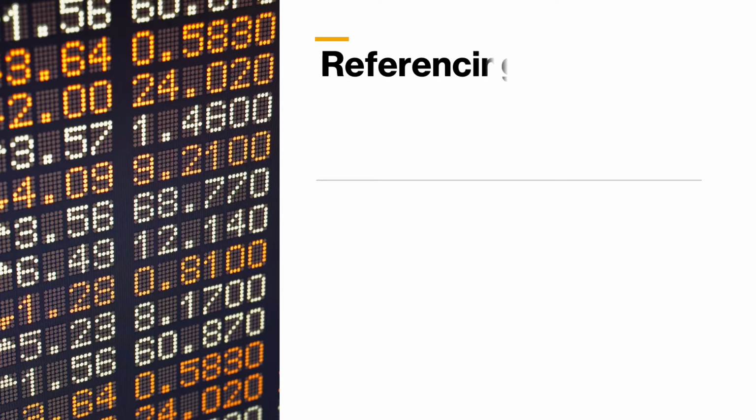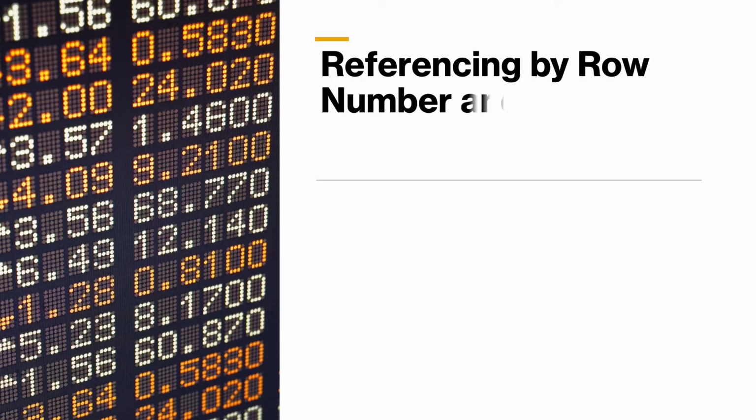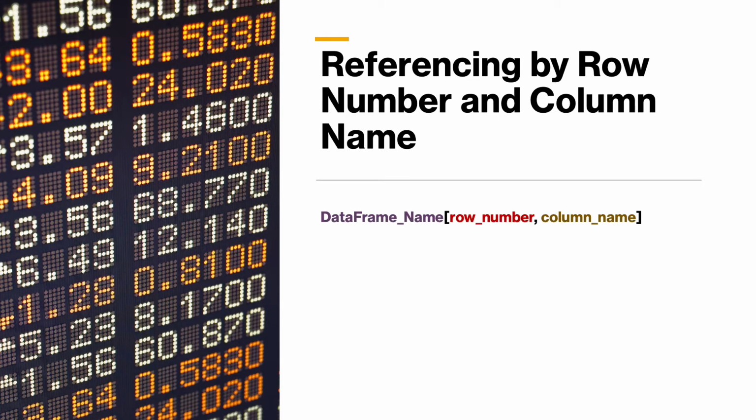Referencing by column number may not always be feasible. This is especially true when the number of columns in a data frame is very large. So we have an alternative where we can refer to the column by the column name. So let's see how to do that. So the syntax is that I can give the data frame name, and within square brackets I can give the row number, comma, the column name.